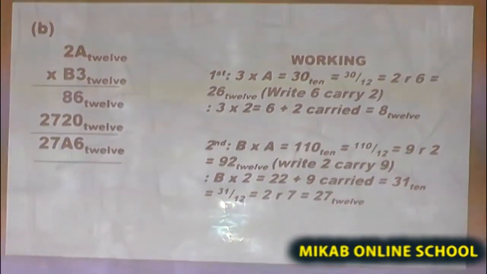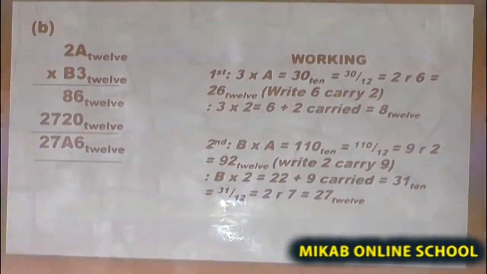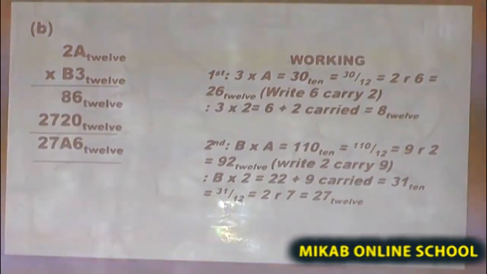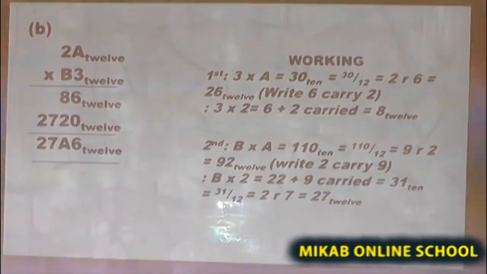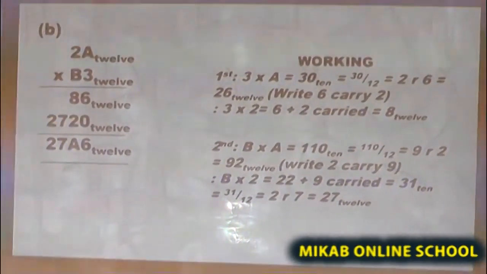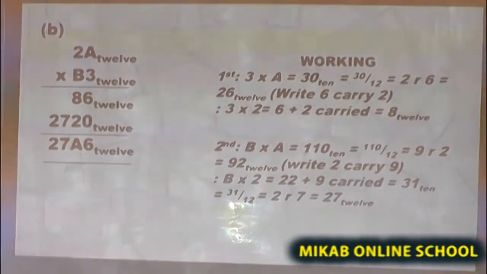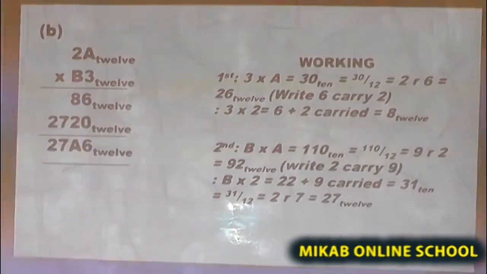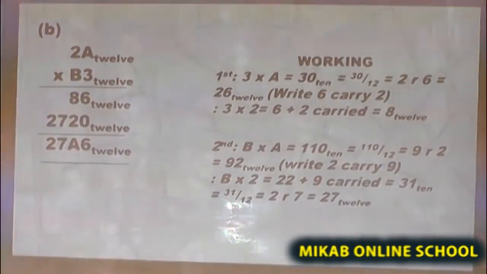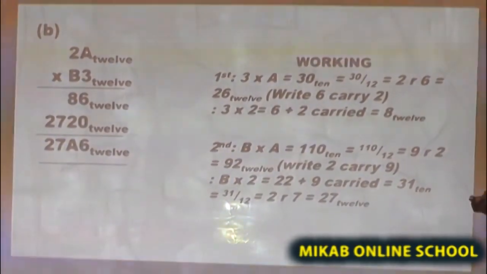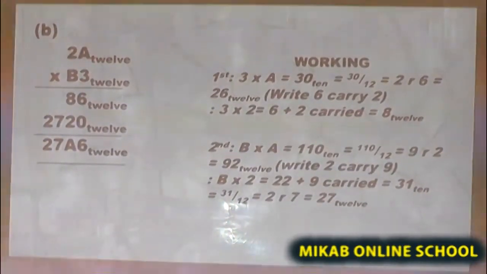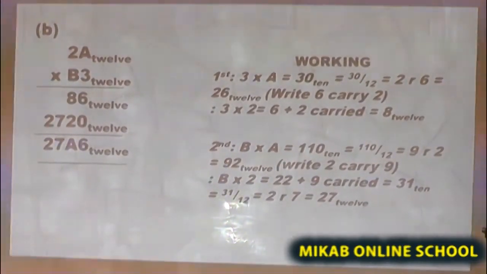So converting it now to base 12, we ask the same question. How many groups of 12s can we find in 31? We'll find 2 groups of 12 and a remainder of 7. So we write the remainder and carry the number of times we can find 12 in 31, which is 2. Because there is no further multiplication process here, we have that 27 recorded.